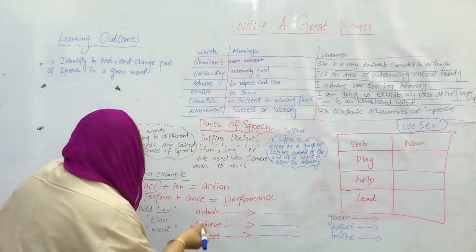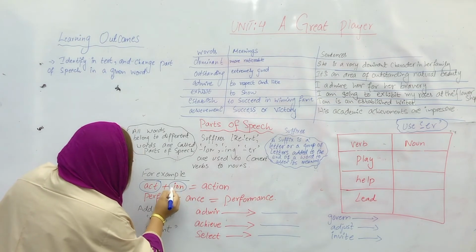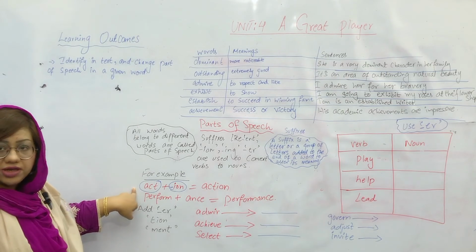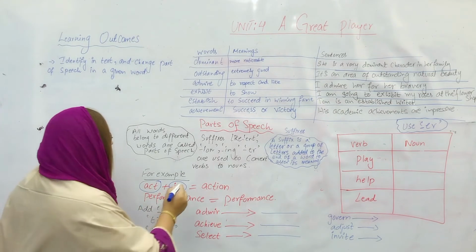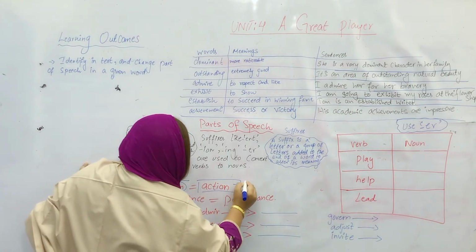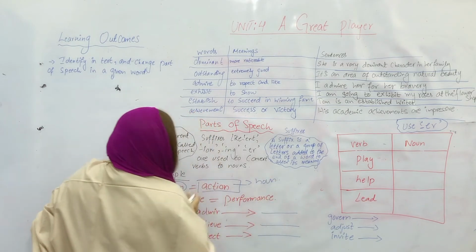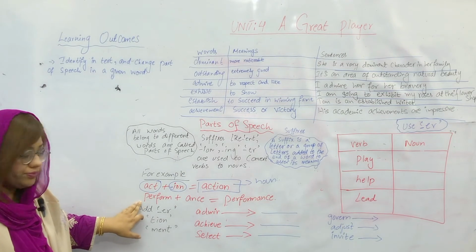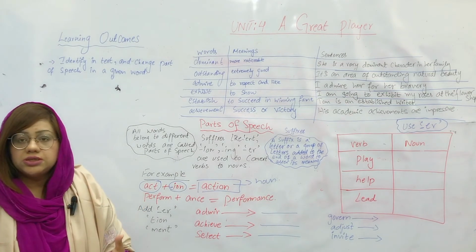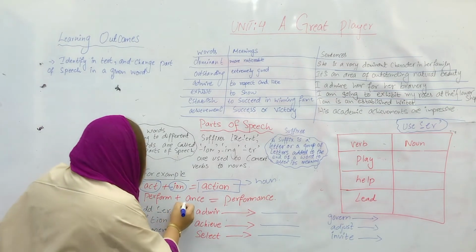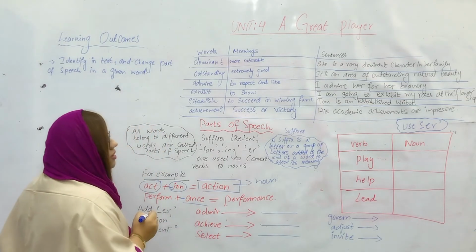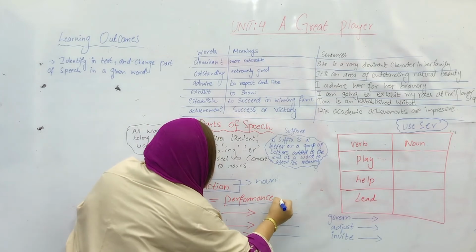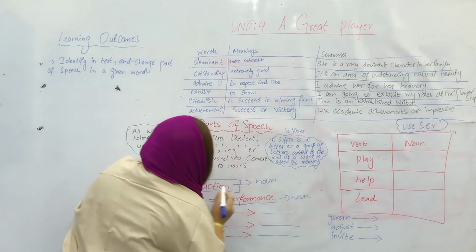Now, when we use ion at the end of the verb, it forms action. Action is a noun. Got it? Perform. Perform is a verb. When we use ance, it forms performance, that is called a noun.